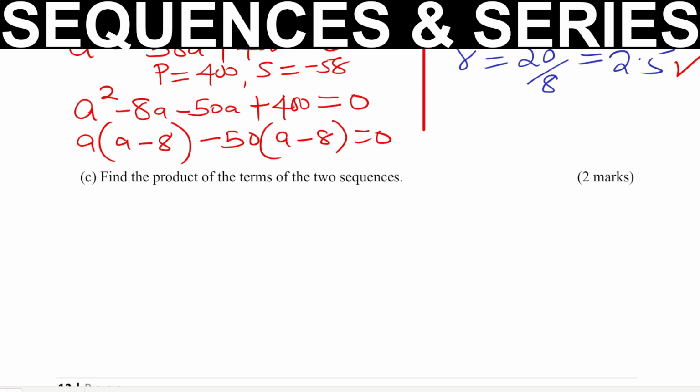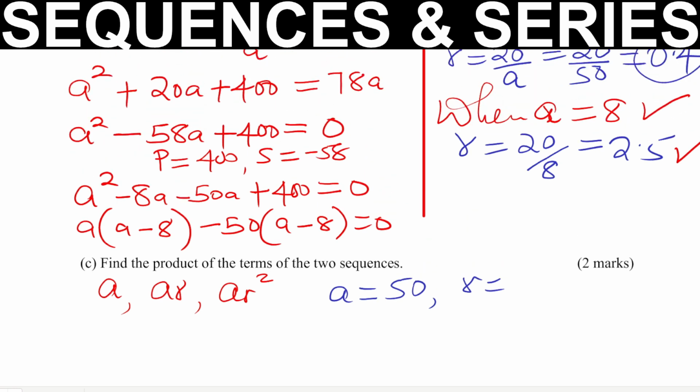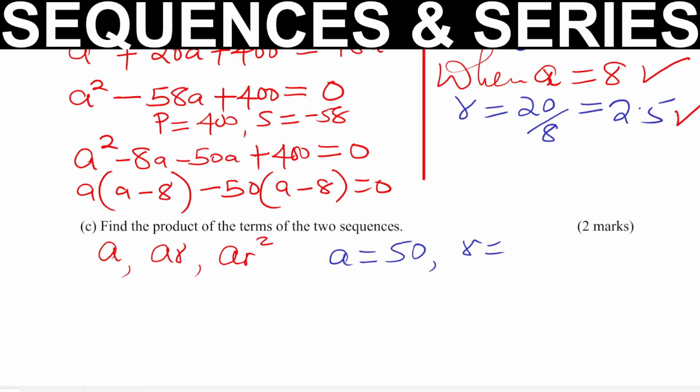So remember the sequence was A, AR, and AR squared. Since we have two sequences here, remember the first one is when A is 50, R is 0.4.